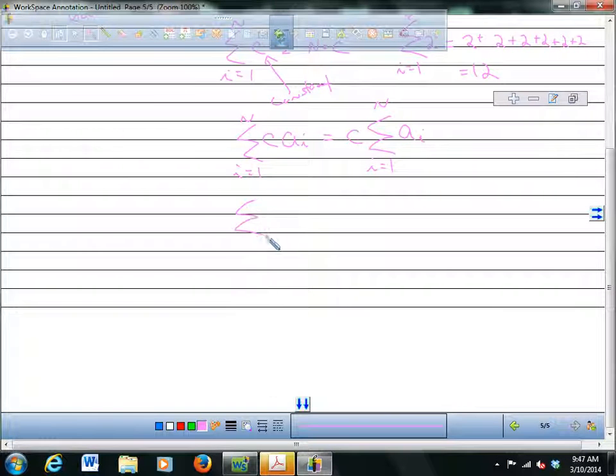Another property, just the last one, is the sum of a sum or difference. So I'm going to write this like this: the sum of a sub i plus or minus b sub i is equal to the individual sums. So the sum from i equals 1 to n of a sub i plus or minus the sum from i equals 1 to n of b sub i.